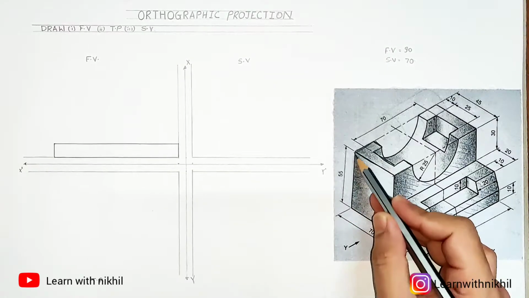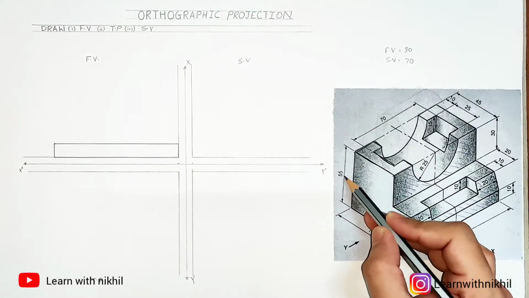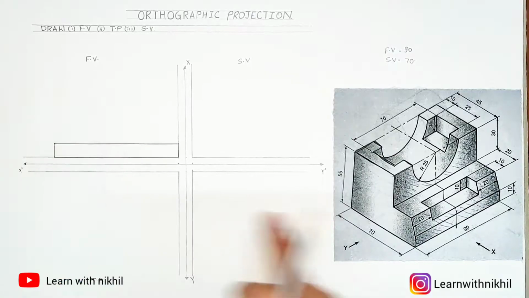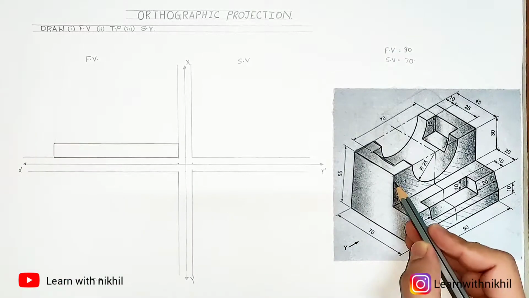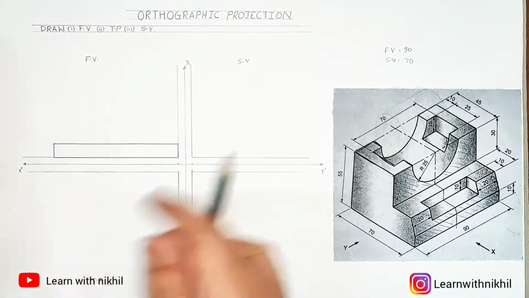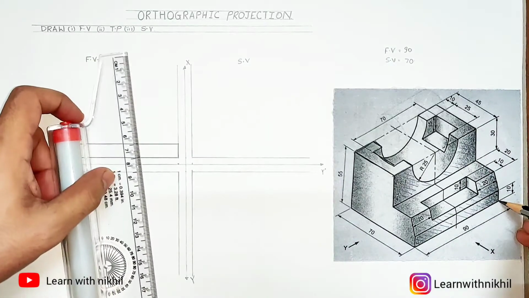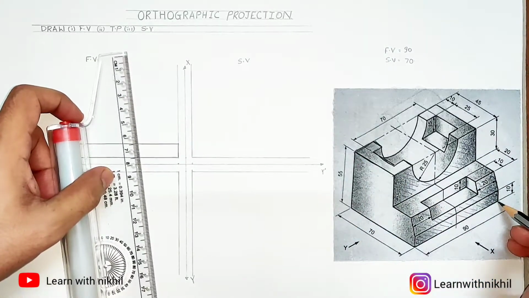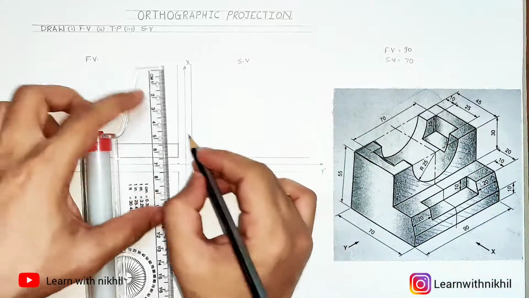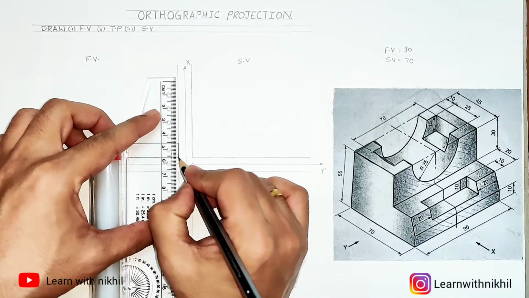This height, the total height of the figure given is 55 millimeter. It is from the bottom and it will look like a rectangular block, whole rectangular block from the front view.